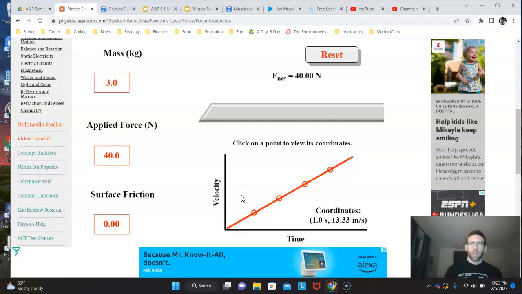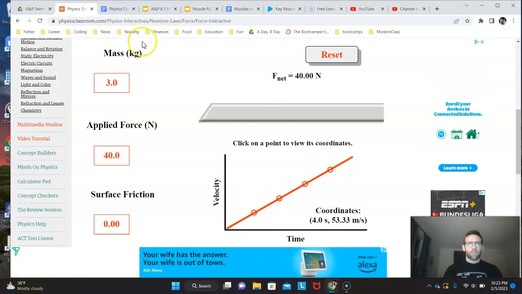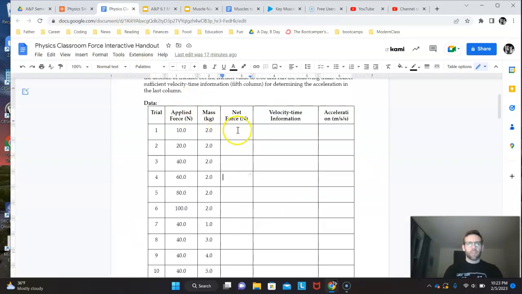All right, so the acceleration for this object is 13.33 meters per second squared. All right, that's because that's how much the velocity is changing by every second. If you look at these tabs, that's how much the velocity is changing by every second. So that's your acceleration. All right, so that's how you can fill in this chart. The net force is given to you right on the screen.